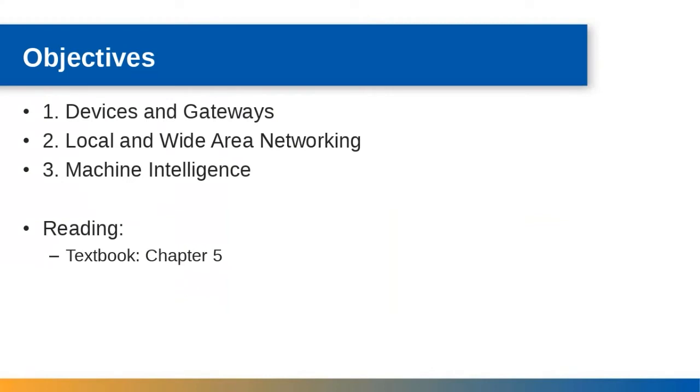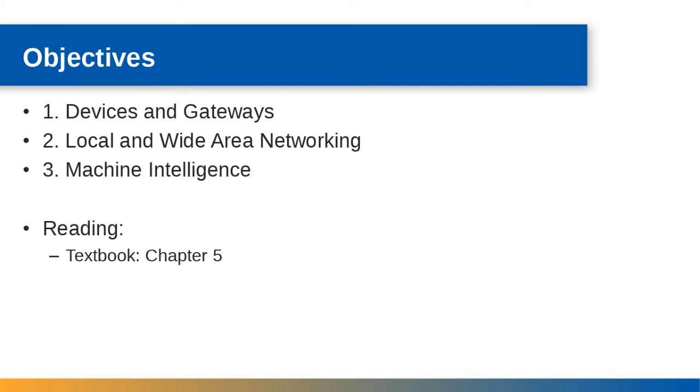Okay, so for this unit, we'll cover three topics. We'll talk about the devices and gateways in an IoT network. We'll also talk about local and wide area networking, basically telling you about some predominant, popular technologies used there.